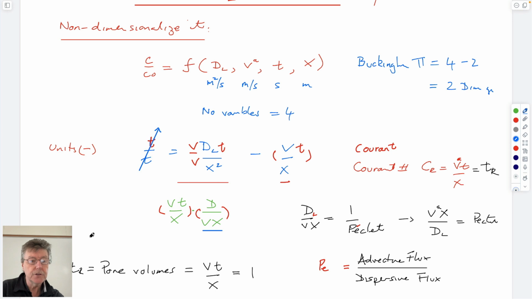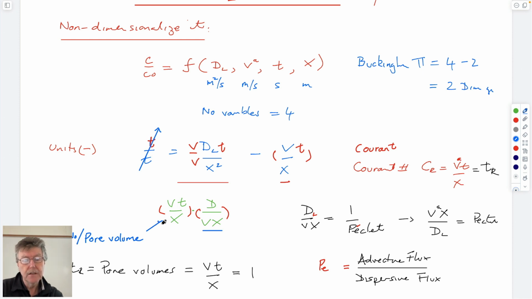So this first term is called a pore volume, or after an originator, a Courant number, from the Courant Institute at New York University, a famous mathematician.